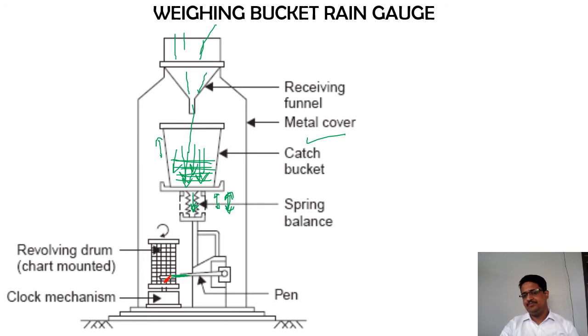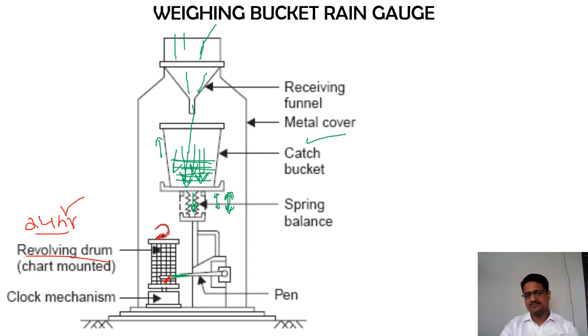Now from here, we have already set a particular time for this revolving drum. Just for the sake of explanation, imagine I have taken this time as 24 hours, so I have made sure that one rotation of this drum equals 24 hours.